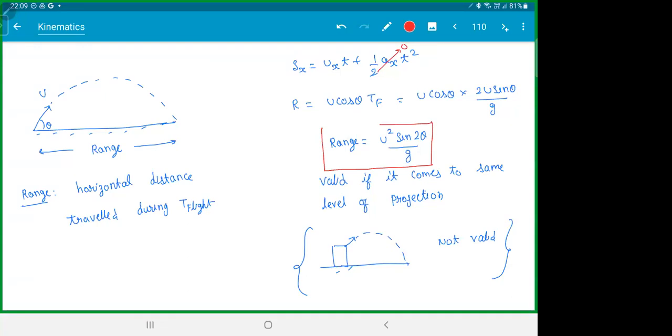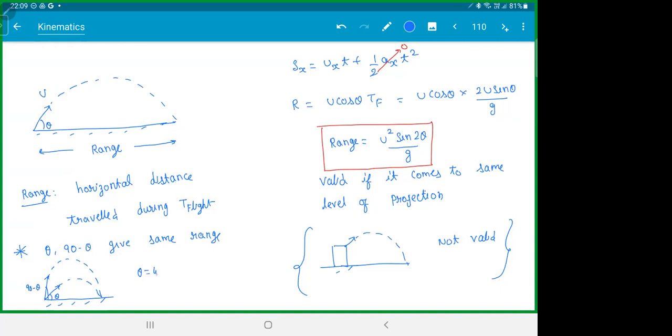This is a standard range formula. And from this, we can also see theta and 90 minus theta give the same range, complementary angles. So if you project with theta, you're going to fall here. If you project with 90 minus theta, you'll have more height, but you still fall at the same place.